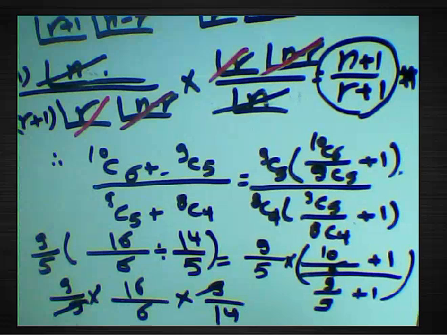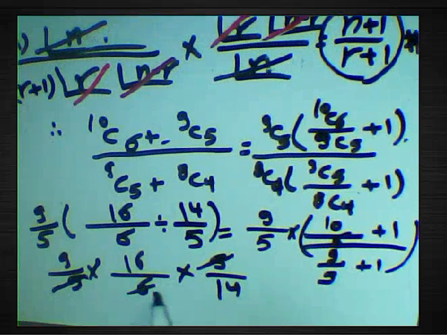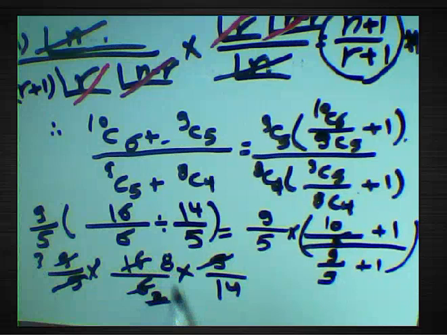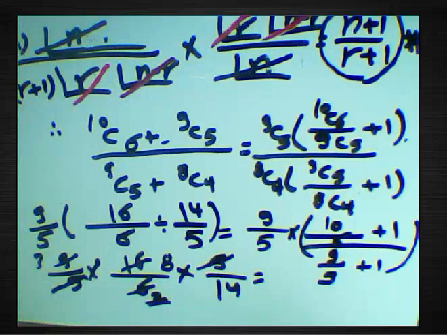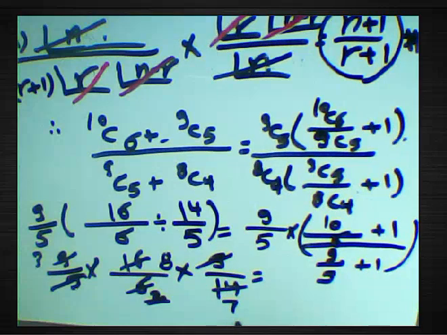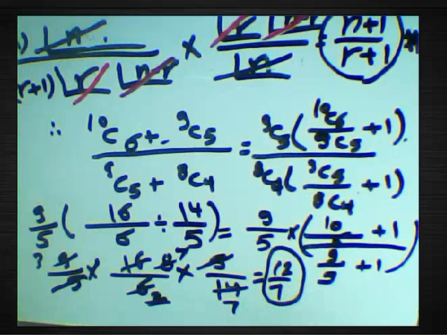We can cancel 5 by 5, and 6 divided by 2 equals 3, 9 divided by 3 equals 3, and 16 divided by 2 equals 8. The result will be, you can divide it by 2, 3 times 4 equals 12, and 1 times 7 equals 7. The result will be 12 over 7.